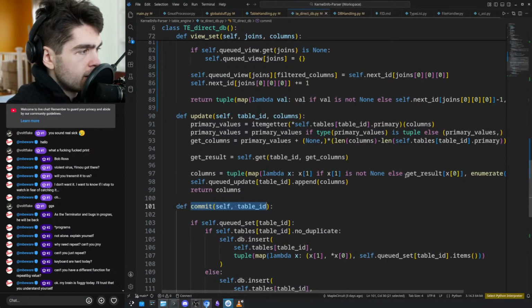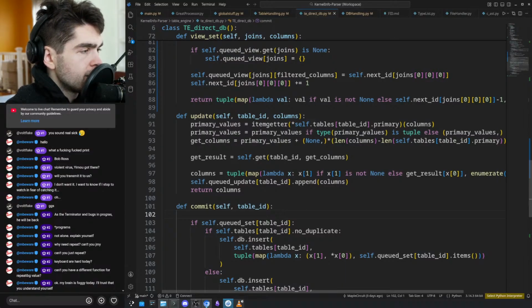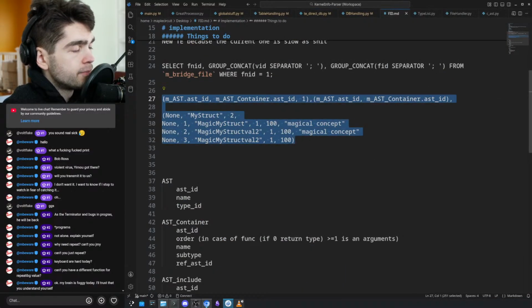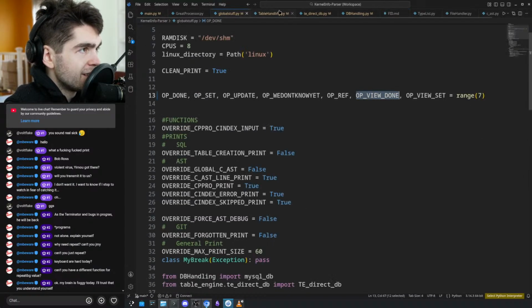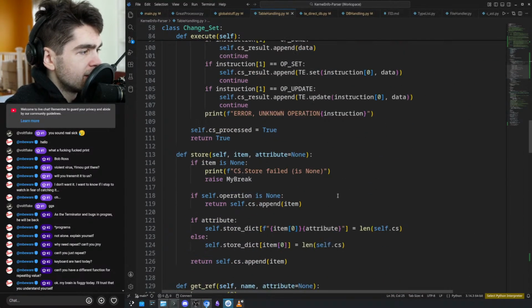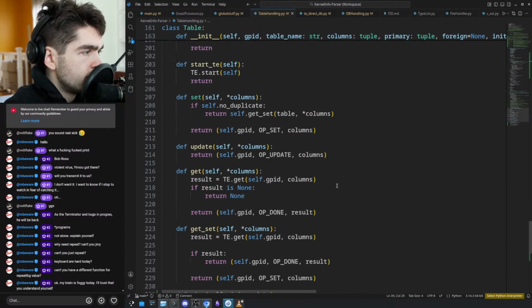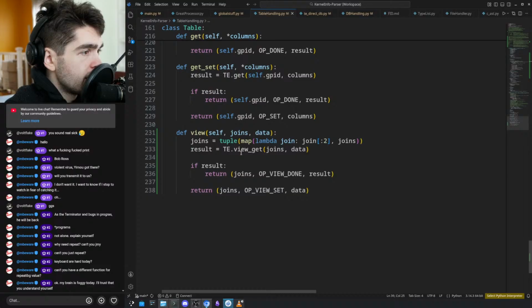Let's scale that back. Okay. I'm just trying to think if it messes with anything I've done yet. I don't think it does, because this code is generic AF.